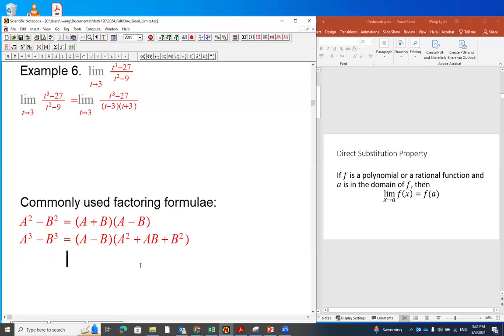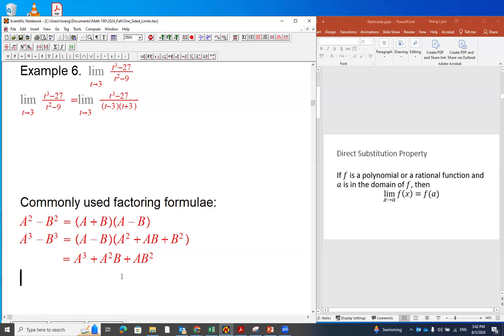To verify if it's right or wrong, I just have to FOIL this. I'm going to verify for myself, and you can pause and do the same. So a times a squared, that's a to the power 3. And a times ab, that's a squared times b. And a times b squared is ab squared.